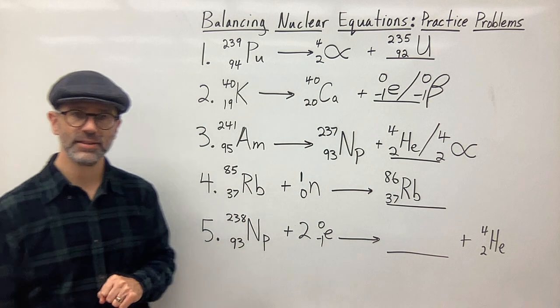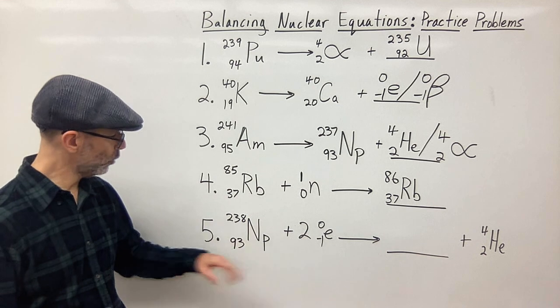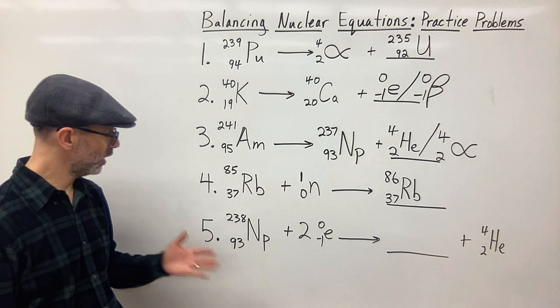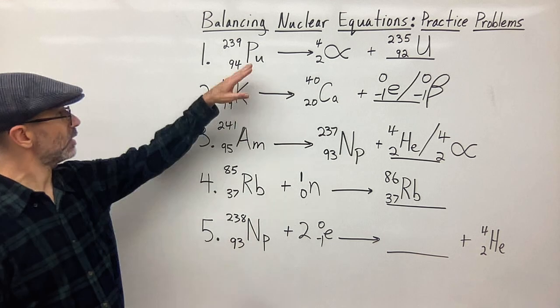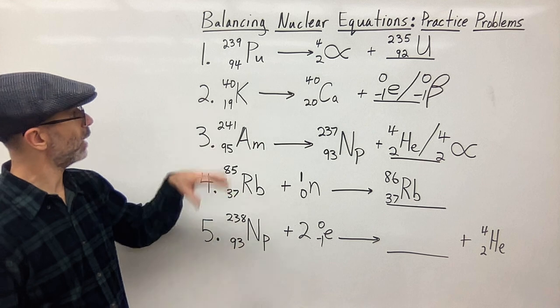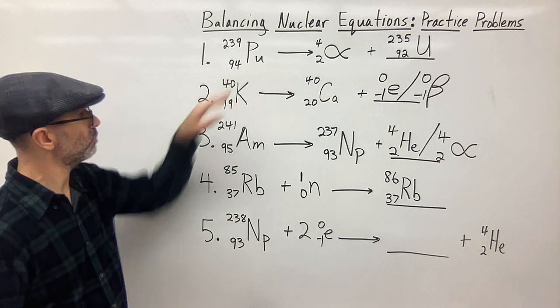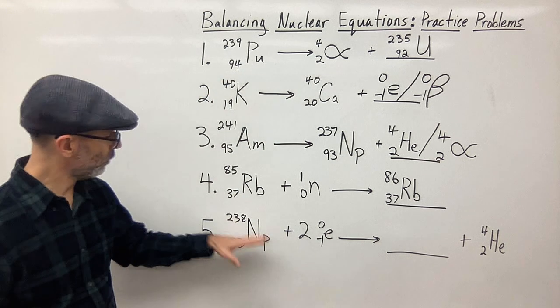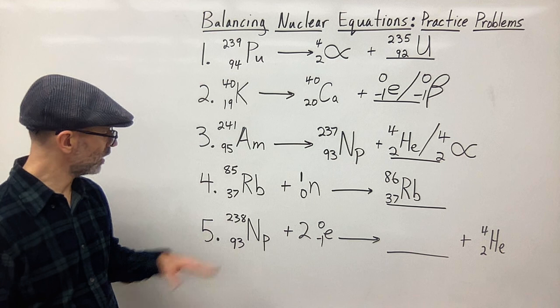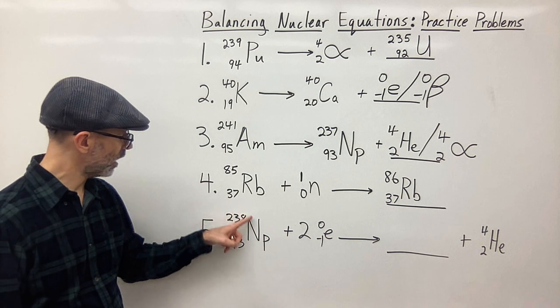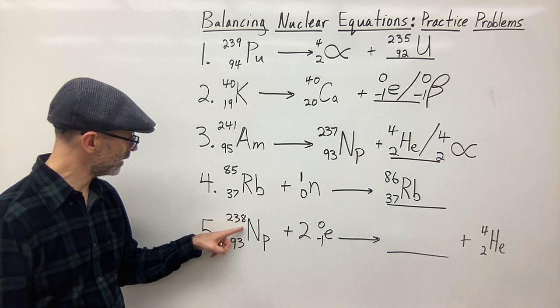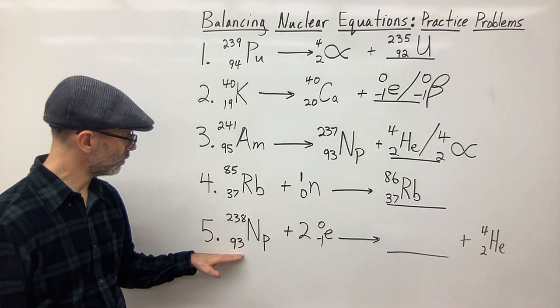Okay, next we have number 5, the last one, NP again. I thought we had NP up here, but we don't. So here we have NP. NP has a mass number of 238 and an atomic number of 93.